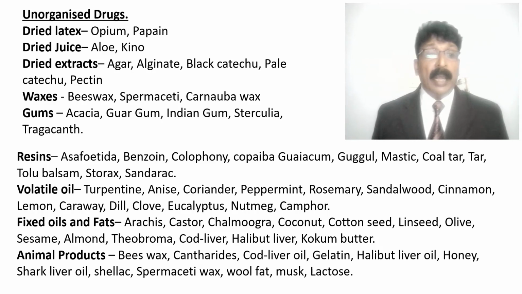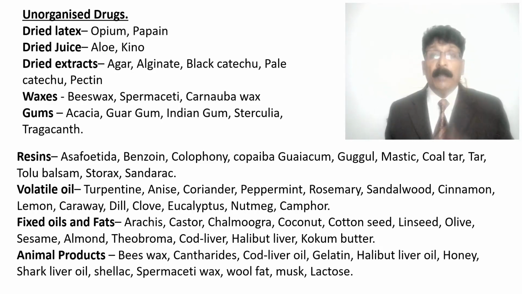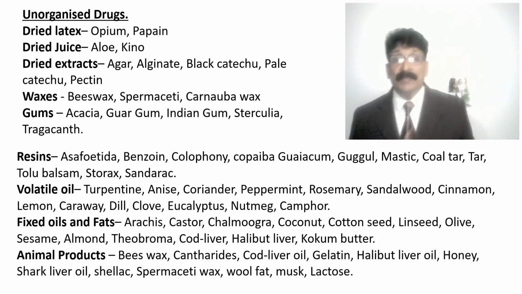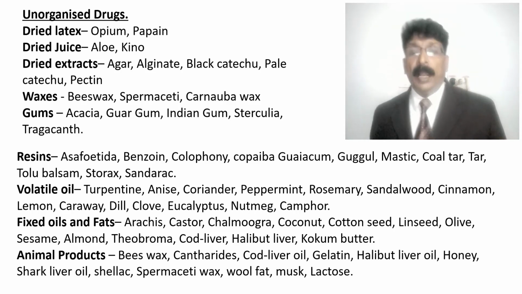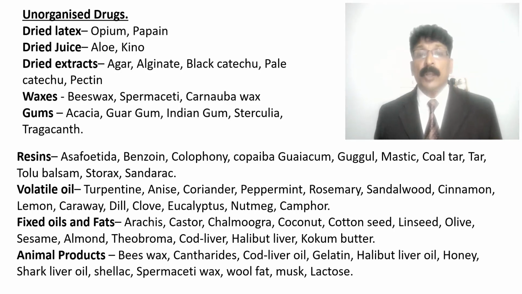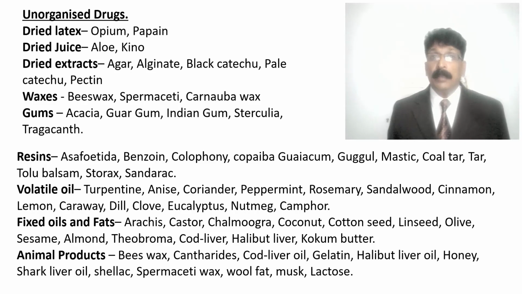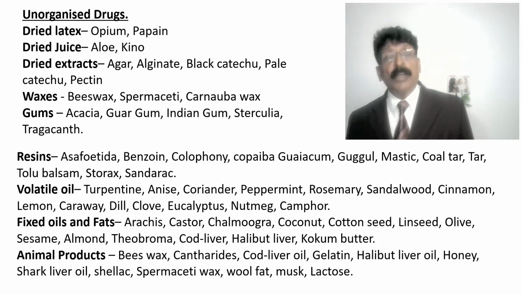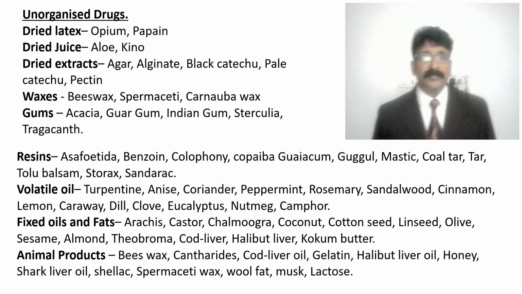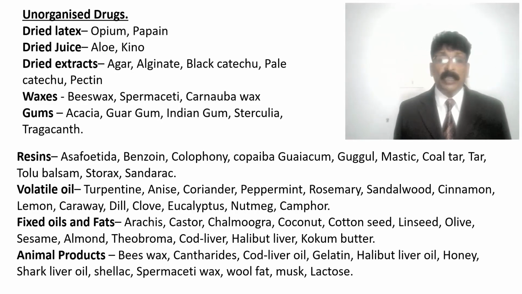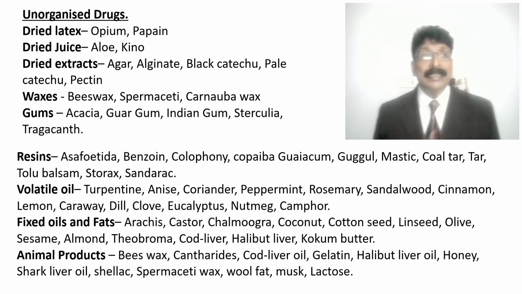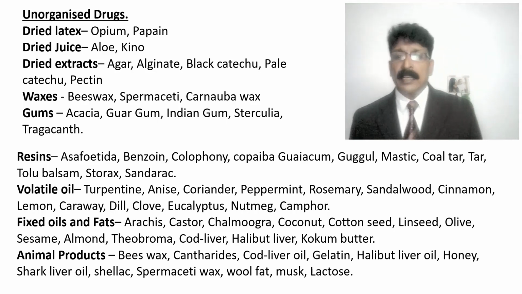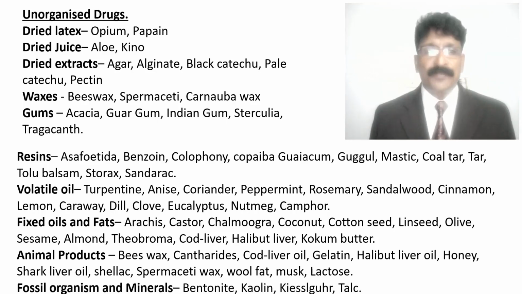And animal products, examples: beeswax, cantharides, the whole insect, cod liver oil and gelatin, halibut liver oil, honey, shark liver oil, shellac, spermaceti wax, wool fat, musk, lactose.